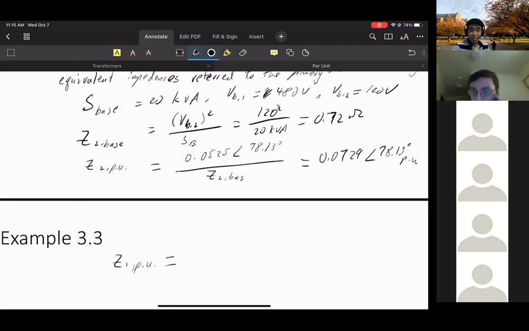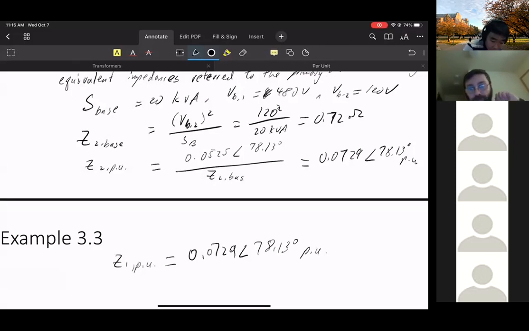The whole point is not to worry about which side of the transformer we're referring to. It will turn out to be the same. This is just how the per unit system works. And if you want to do a check, you can do this check.